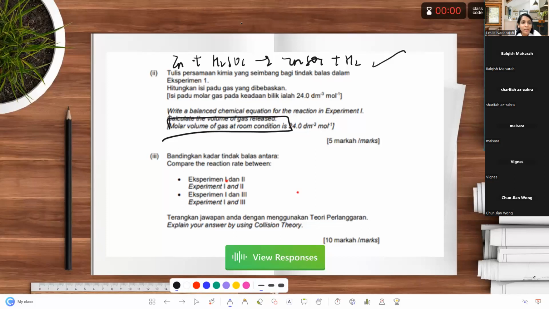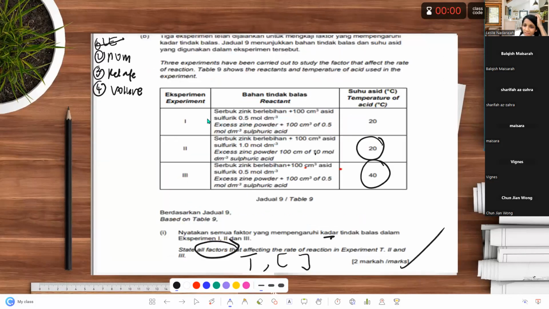Which step are you all at now? Are you relating? Do we use the 1.0 mole of sulfuric acid to find the volume of H2 gas? Do you use what?